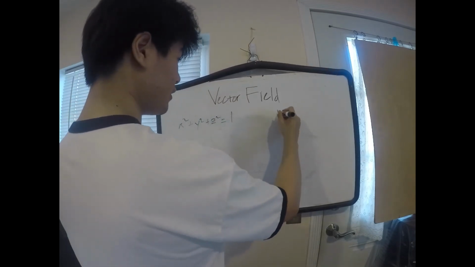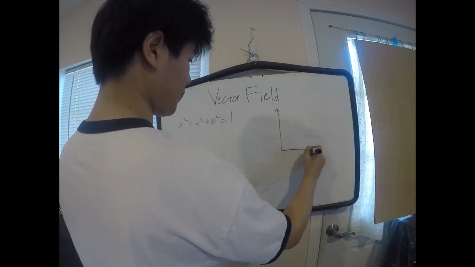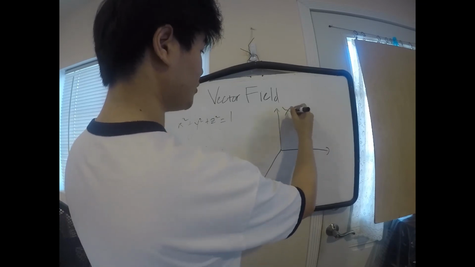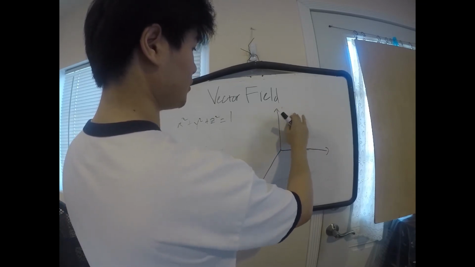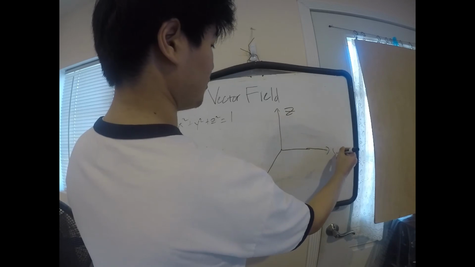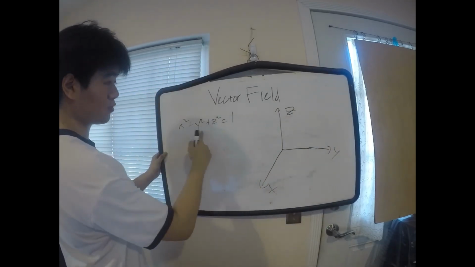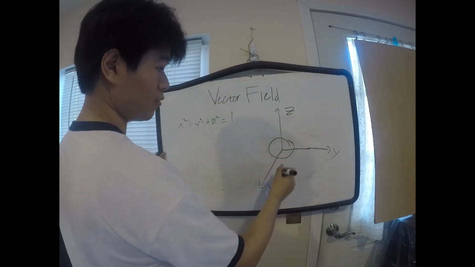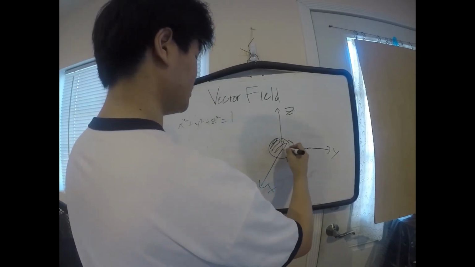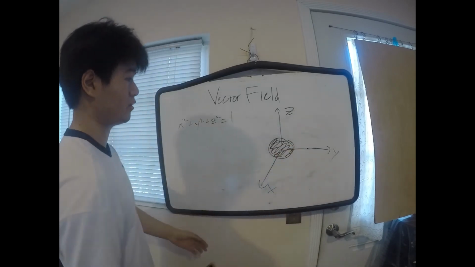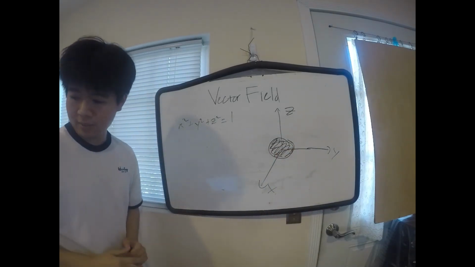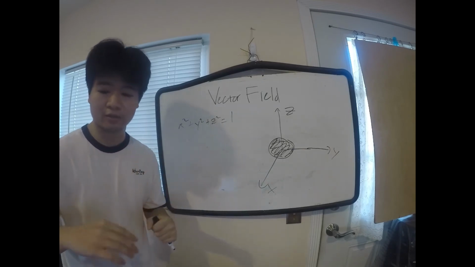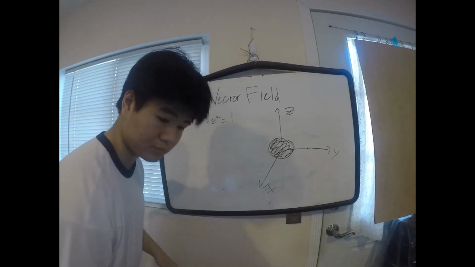If I do that in a 3D plane, with z, y, x axes, this equation gives me a center, and we can assume that this is the Earth. That's the Earth right there. And now I will give the Cartesian formula, which is the vector field formula.